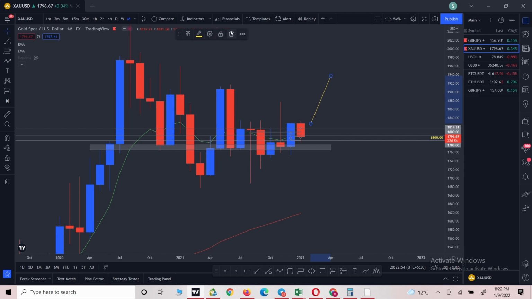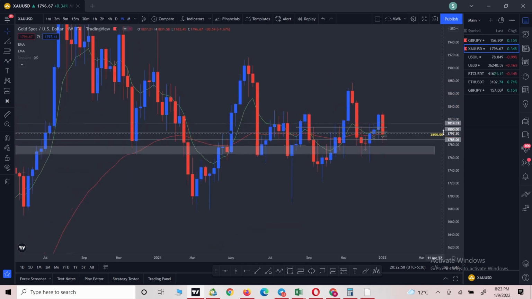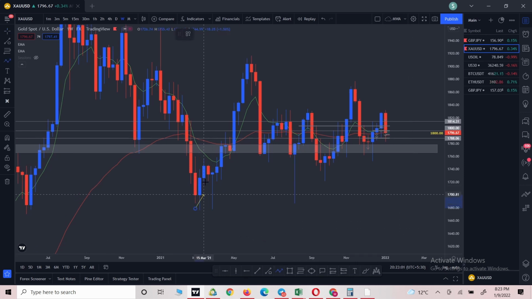Now if we go to the weekly time frame, we will see that, starting from here, we have the high, higher low, lower high, higher low, higher high, lower low, higher high, higher low, and so on.